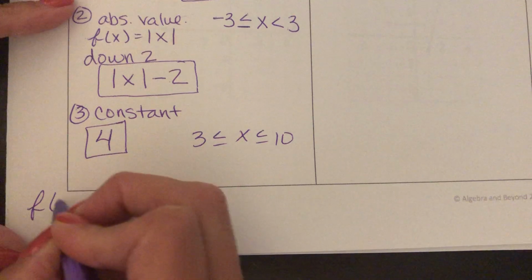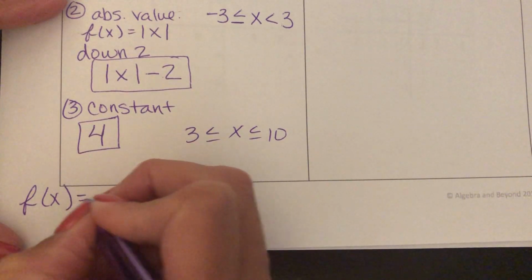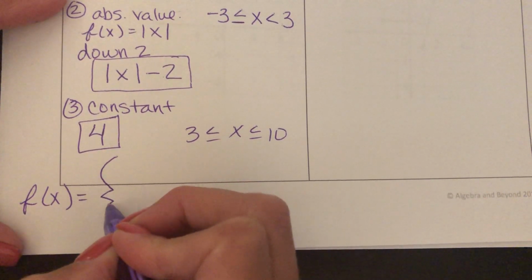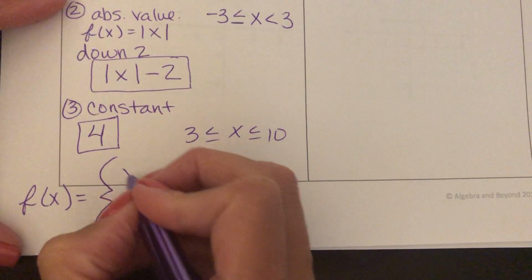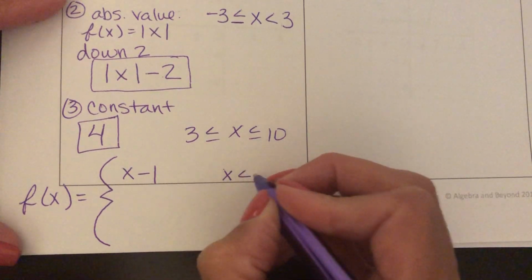You start with f of x to show that it's a function, and then equals, and you're going to put it together in the fancy bracket. So my first one was x minus 1, and the domain was x less than negative 3.